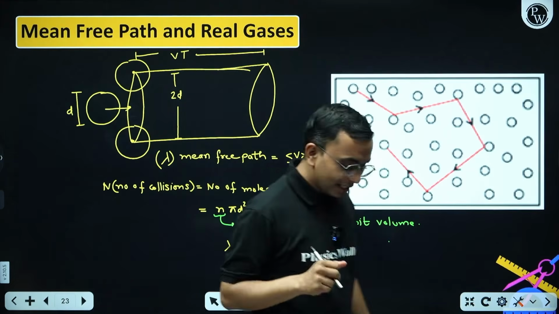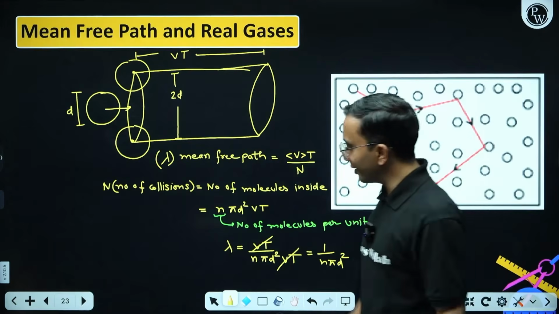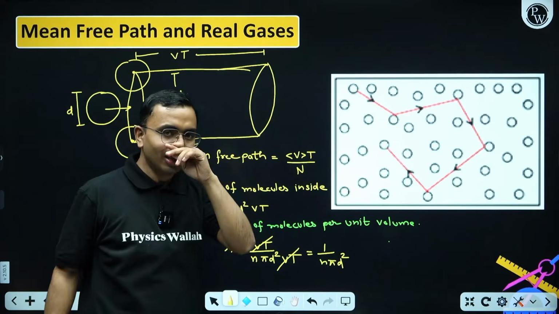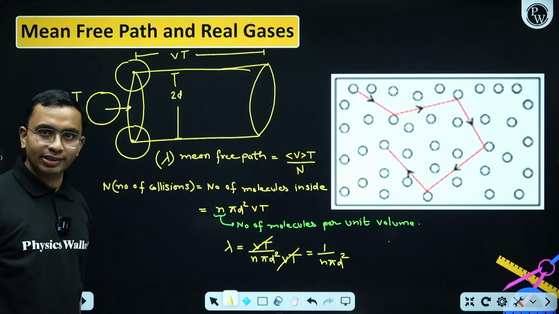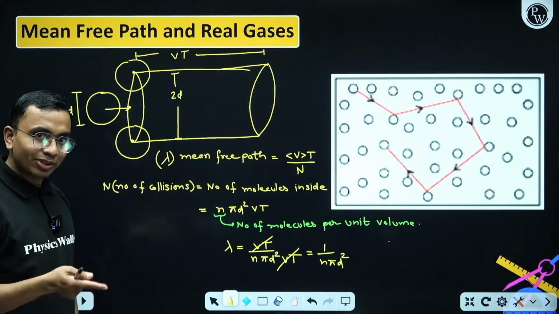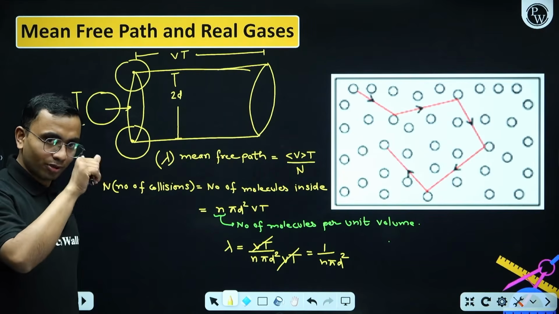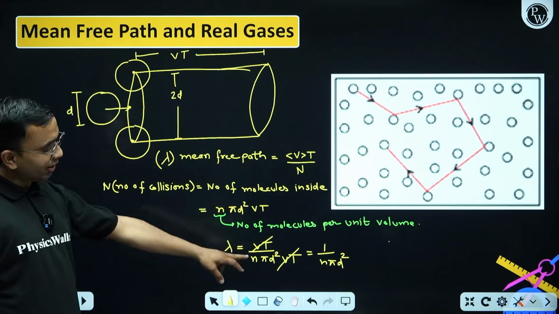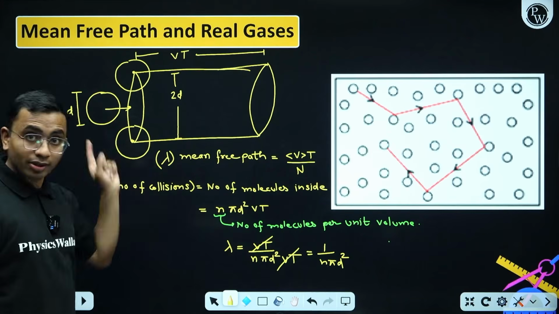Now the mistake is that I am considering only this molecule as moving, but other molecules will also be moving, isn't it? Yes. So you need to take the contribution of the motion of the other molecules also. I am considering here the motion of only this molecule, but others are also moving.